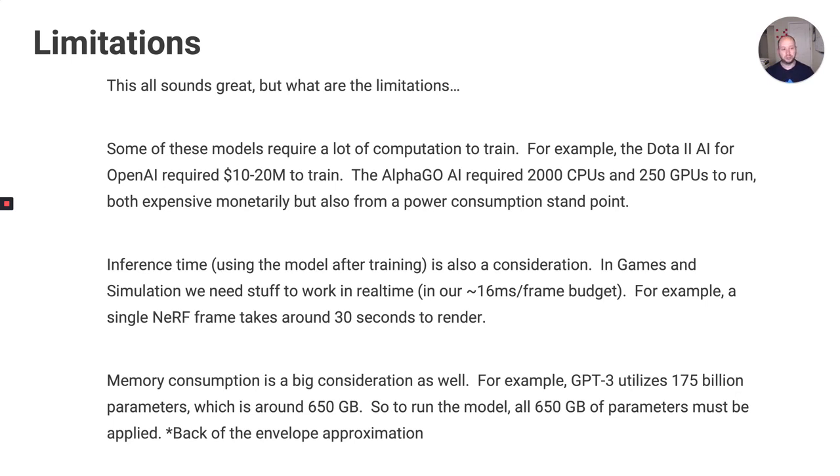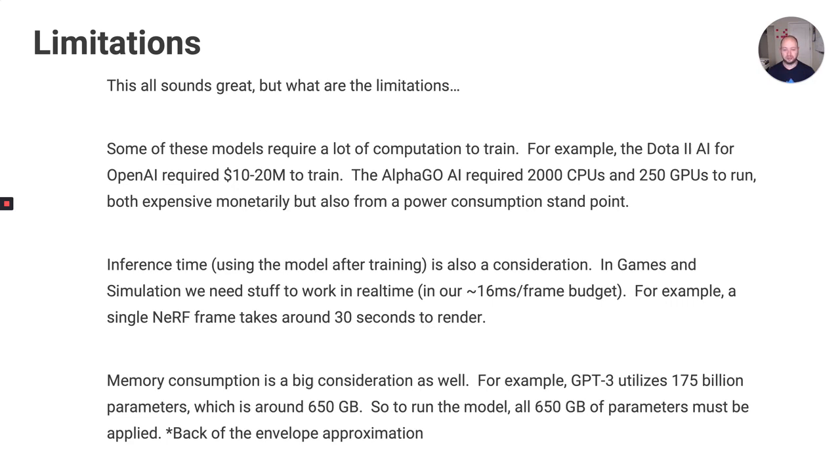For example, the Dota 2 bot, the AI out of OpenAI, required around $10 to $20 million to train. So it's just costly in terms of the computational cost of running these machines or having access to them. The AlphaGo AI required around 2,000 CPUs and around 250 GPUs to run.